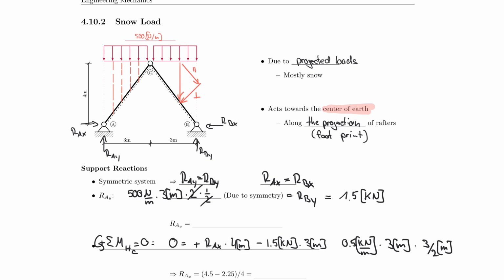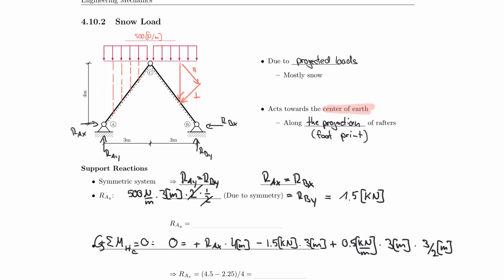So let's point towards that. So the 500 here is multiplied by 3 meters. That's the distance here. And the centroid of that is acting right in the center, which happens to be 1.5 meters or 3/2 away from C. Because remember, we're taking the sum of the moments about point C. And last but not least, it's turning counterclockwise, therefore it's positive.